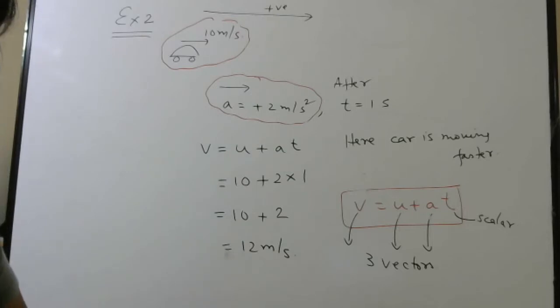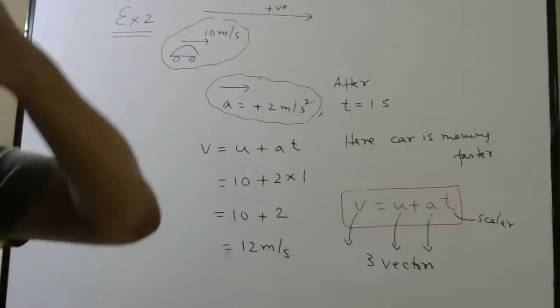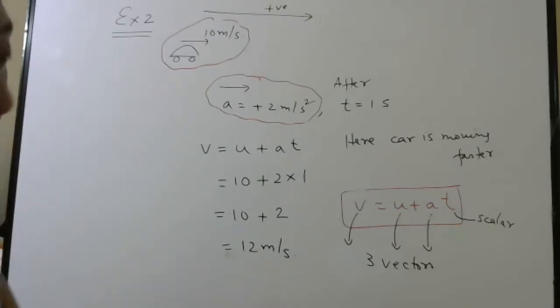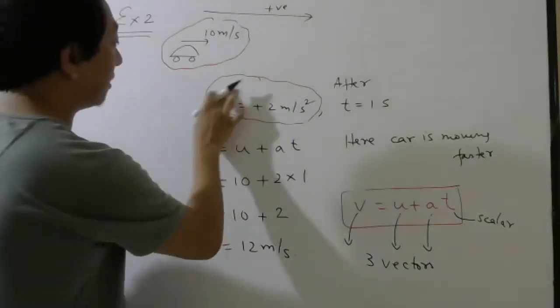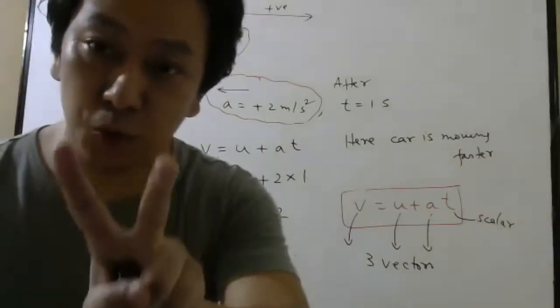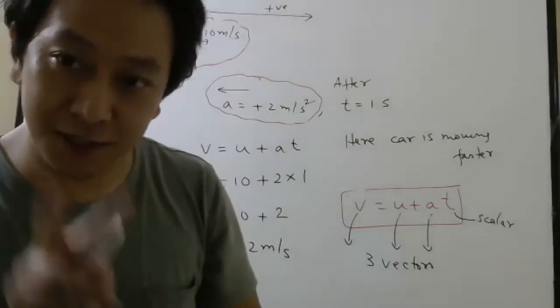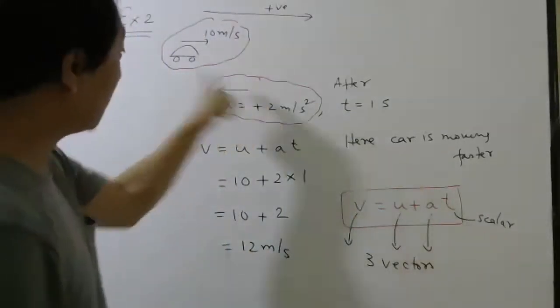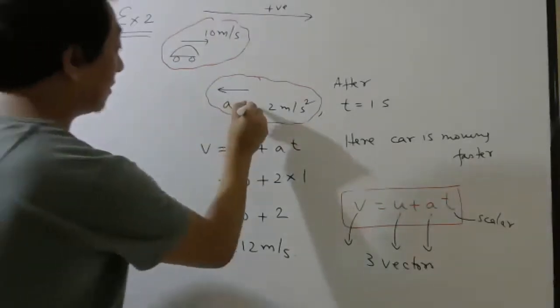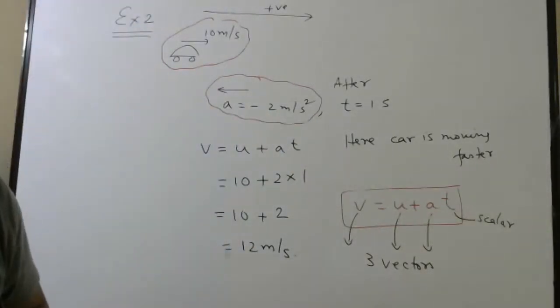Okay, now the writing part is done. Now suppose I say acceleration is this side. Magnitude is 2 only, modulus is 2 only. But if I say this side, what should I write here? Minus.